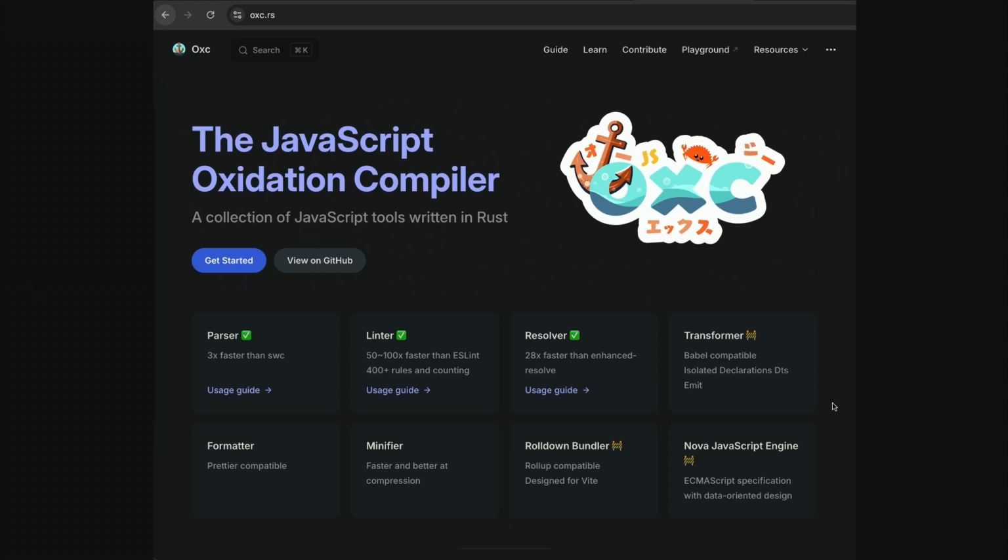In the future, we are going to work on the formatter and the minifier, and we also support projects like Rolldown, which is designed for Vite. There's also a JavaScript runtime called Nova, a pretty interesting project. You can check it out.